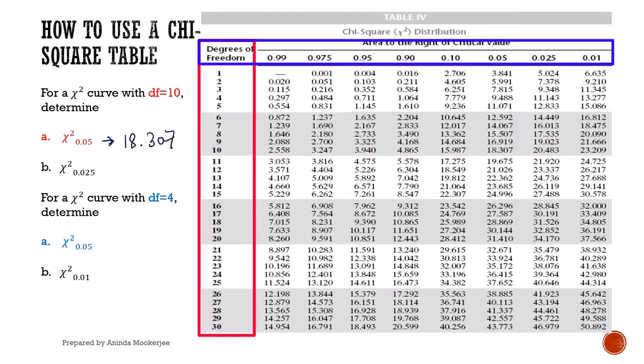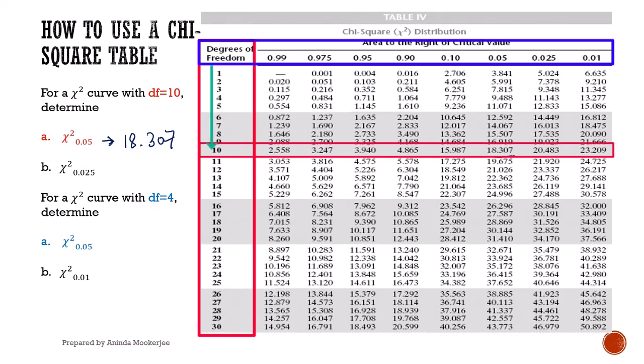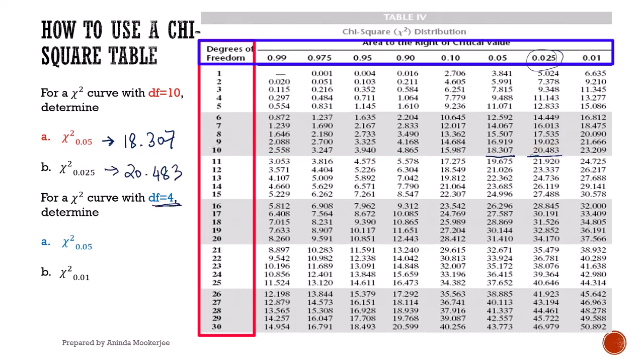This is the value. For df 10, if it's chi-squared 0.025, so it's the same row, 10 for df, and 0.025 is right here, so 20.483.